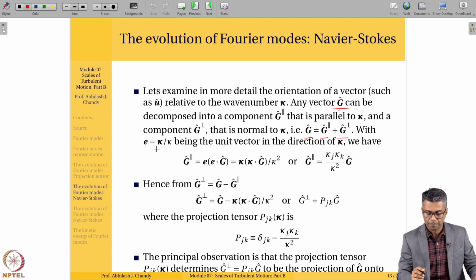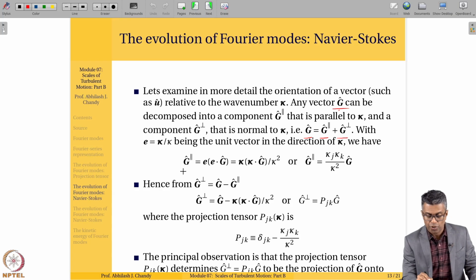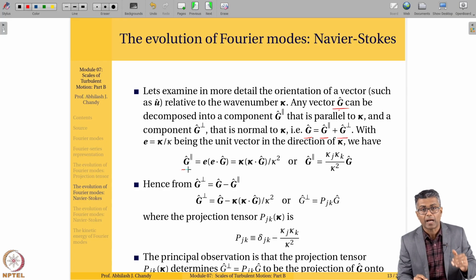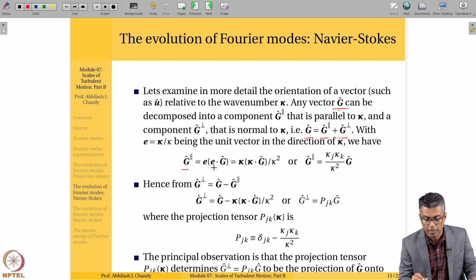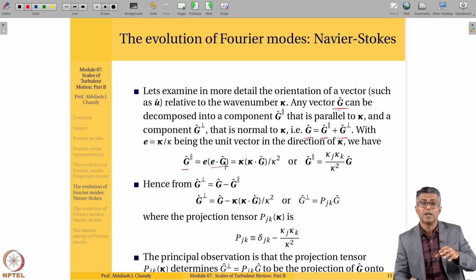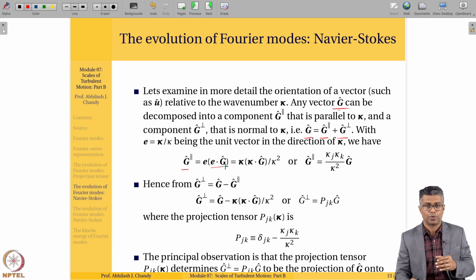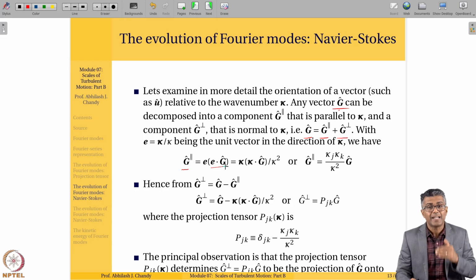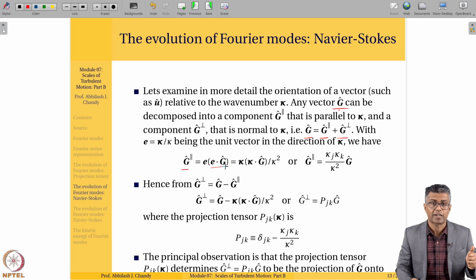In that case, pay attention here, g hat parallel would be equal to, since it is parallel to the wave number vector, we write it as E dot g, because this gives you the magnitude of the vector in the direction of the wave number vector. E is the unit vector in the direction of kappa.